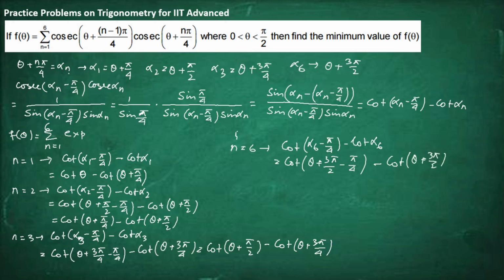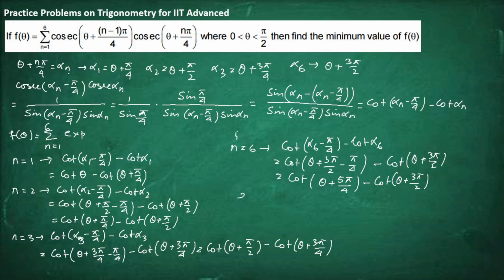Is it clear to all of you? So we are left with cot(theta plus, how much it will give you? 5 pi by 4, right?) minus cot(theta plus 3 pi by 2). Is it clear? Now these are the values of the expression what we got when we put n equals to 1, 2, 3, 4 and so on till 6.